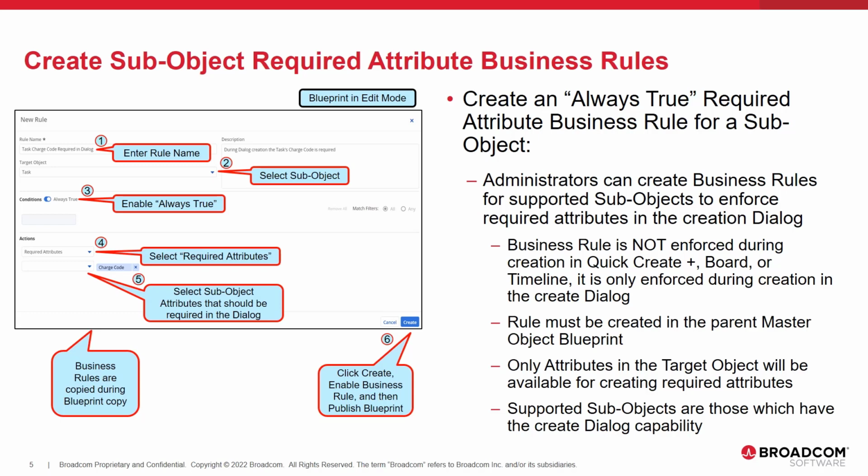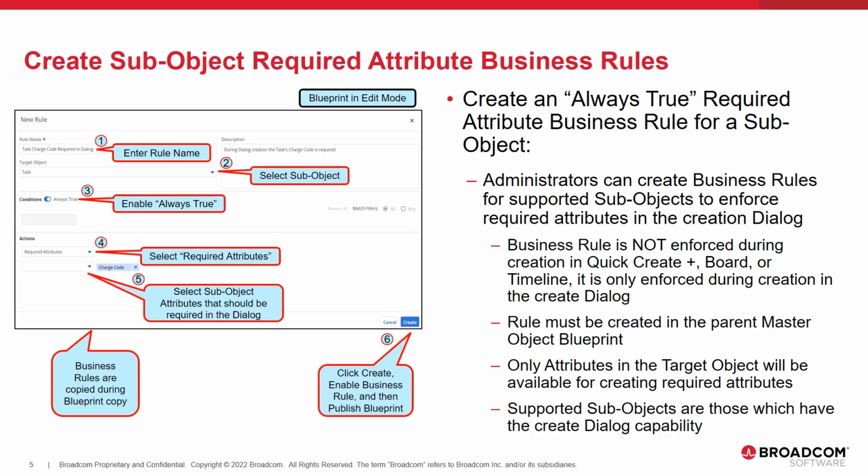Now, under conditions, you want to enable the always true toggle. And under actions, you'll select required attribute. And lastly, from the drop-down box under actions, you'll select which attributes you want to be always true. In this example, we have defined the charge code attribute that we want to be always true for tasks.